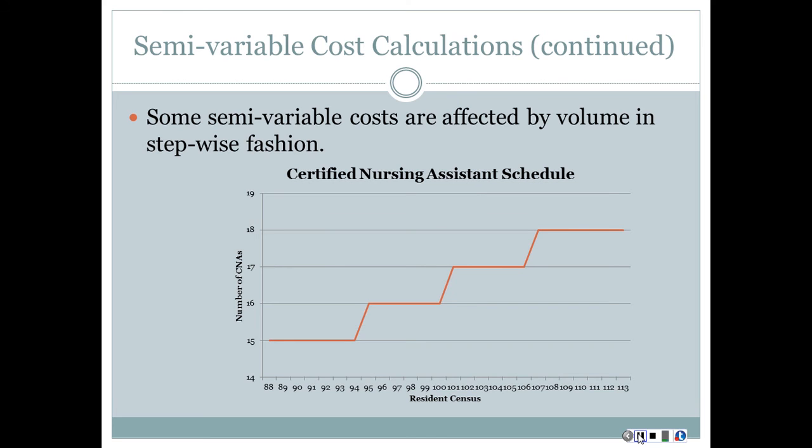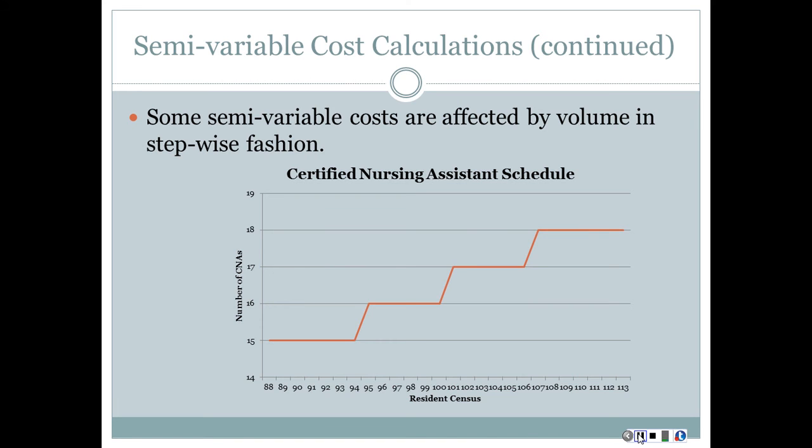So we bumped up the number of CNAs, or certified nursing assistants. And typically it was difficult to hire someone for only 2 hours a day or 4 hours a day, and we really needed them for the whole shift. So we really needed to add a whole new FTE to cover those additional residents.